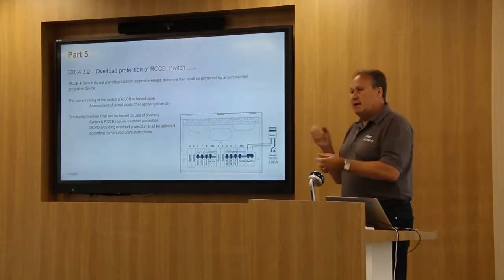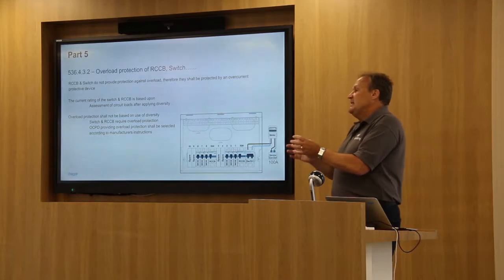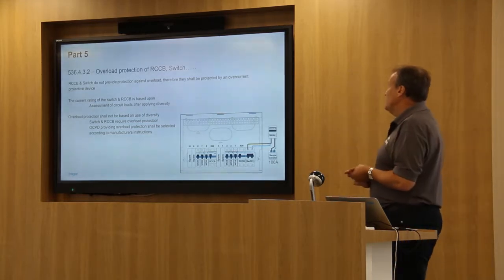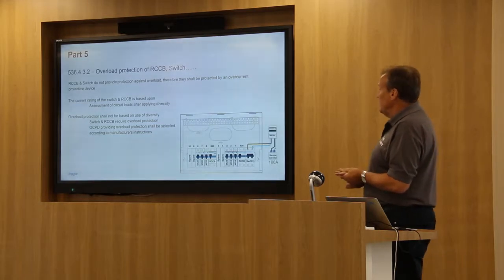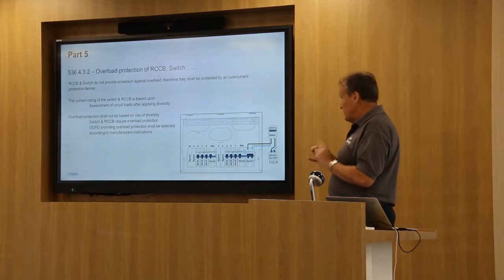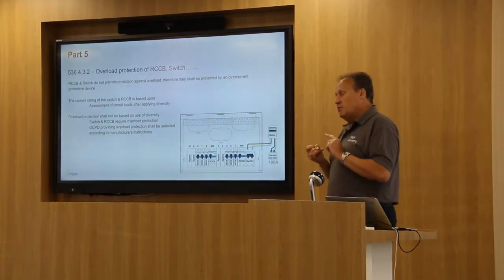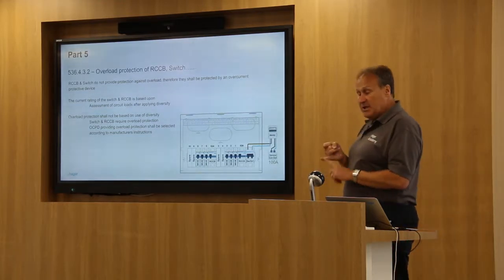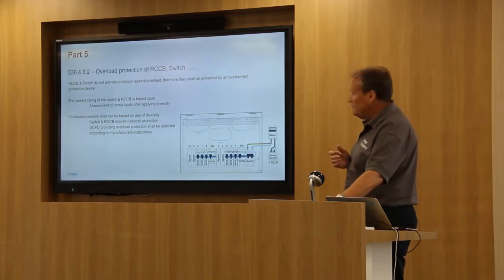You know, we're going to get those down and we're going to plug those in. Diversity then kind of falls down. So again, we could quite easily overload any one of those RCCBs. So overload protection shall not be based on diversity. We need to include for overload protection of those 2 RCCBs in particular in this picture.